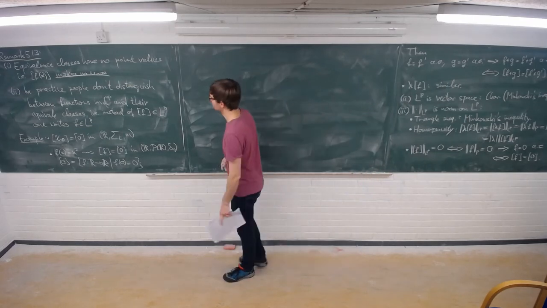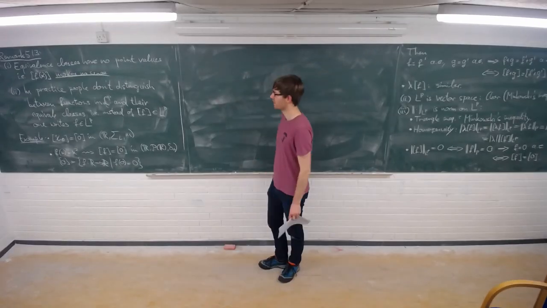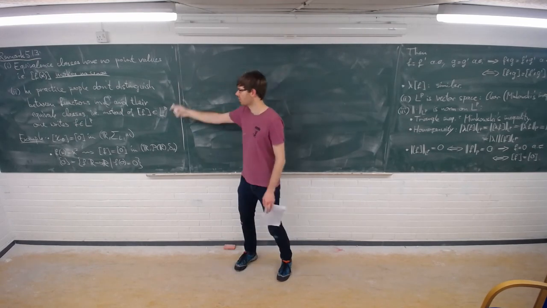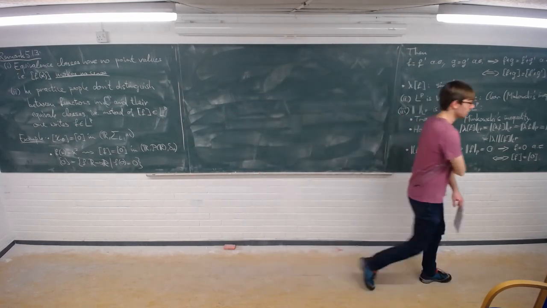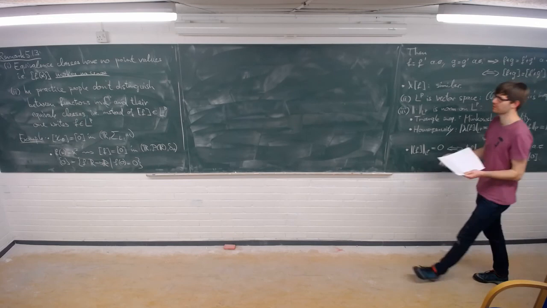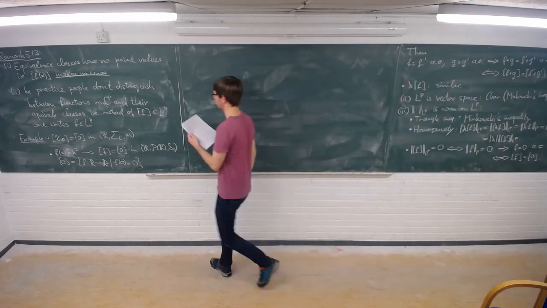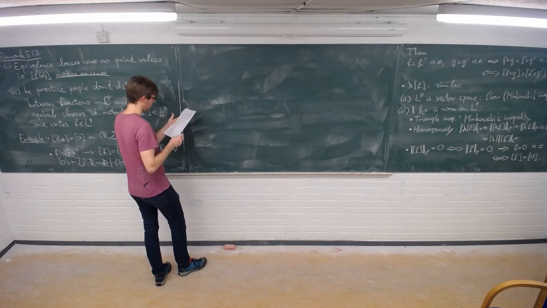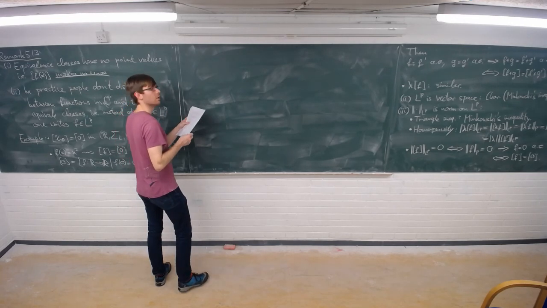So whenever we compute integrals, it doesn't really matter whether we talk about the function or its equivalence class. And that's the reason why people just write f instead of f in square brackets, because in most applications it doesn't really matter which one you're talking about. Okay.